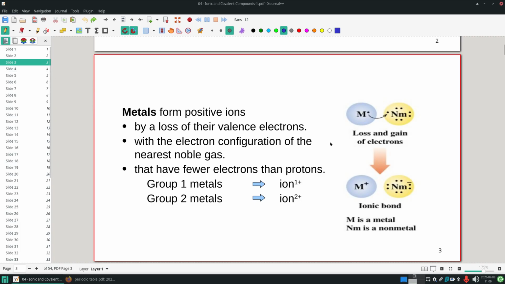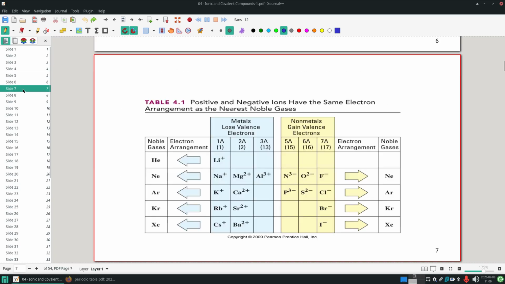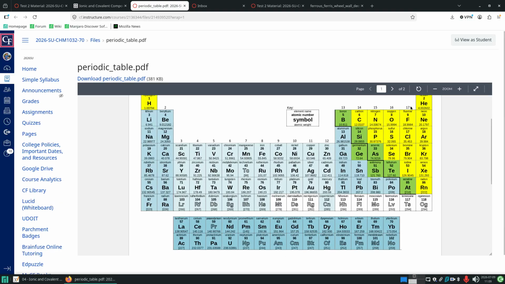The nonmetals are going to gain electrons, and fortunately they have a nice predictable pattern as well. So everything in group 15 that's under nitrogen likes to gain 3 electrons, so they like to form the 3 minuses, and 2 minuses, and 1 minuses. And you can see that right on the periodic table.